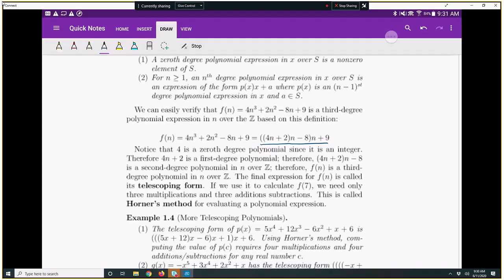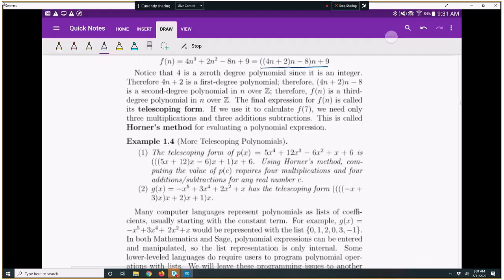So since it was a third degree polynomial, we can express it in terms of first a 1 degree polynomial that gets multiplied by another 1 degree polynomial, and so on. This form is going to be called the telescoping form, and you can imagine why it's called that, because we get these nested sets of parentheses that expand out.